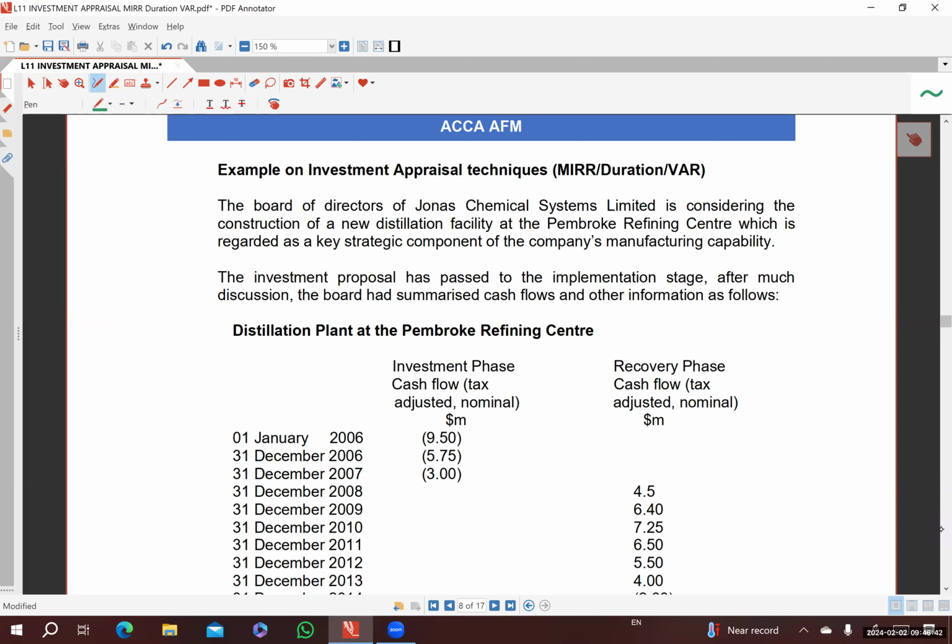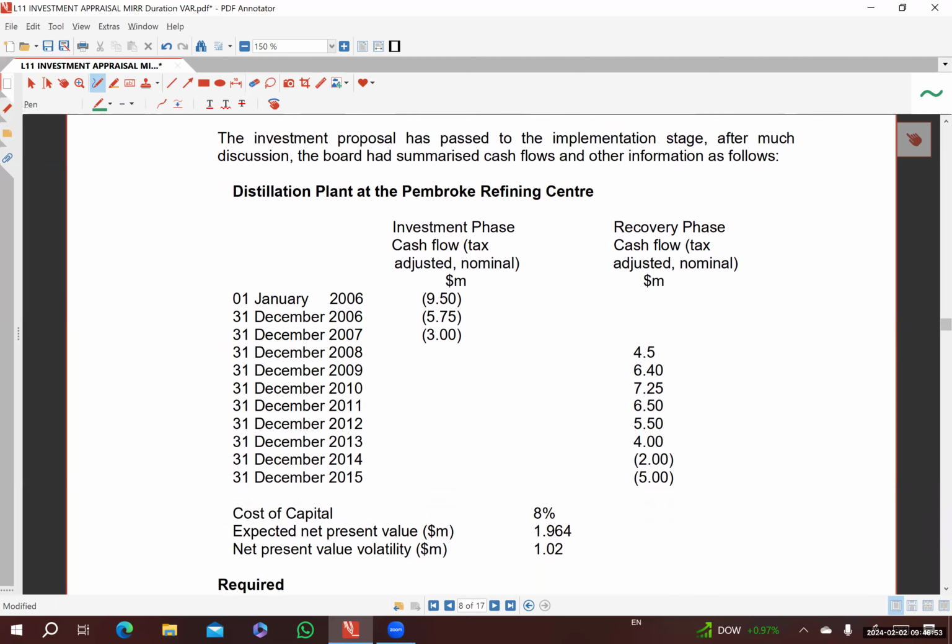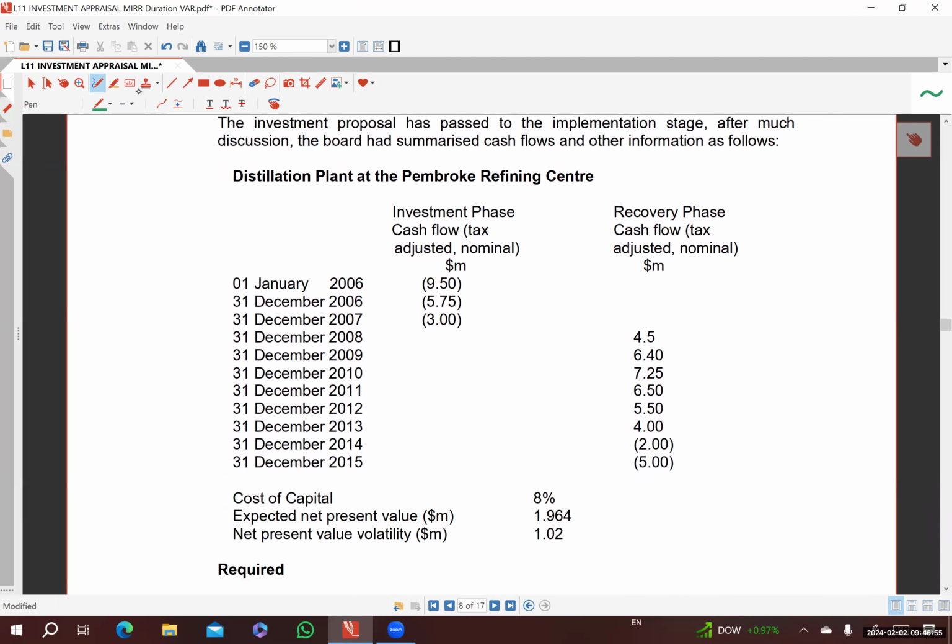The investment proposal has passed to the implementation stage. After much discussion, the board summarized cash flow as follows. You have the investment phase, see that? Outflow. From the first positive is the recovery or return phase.